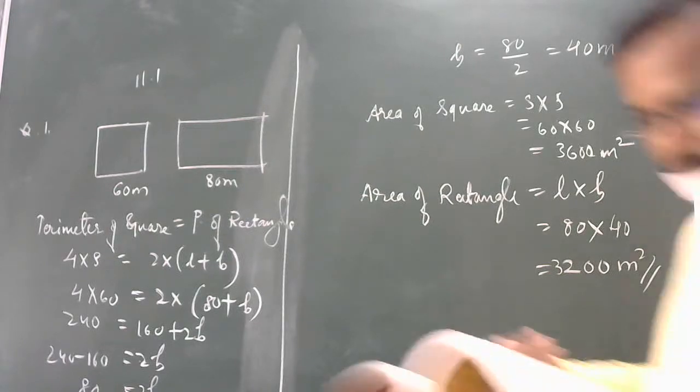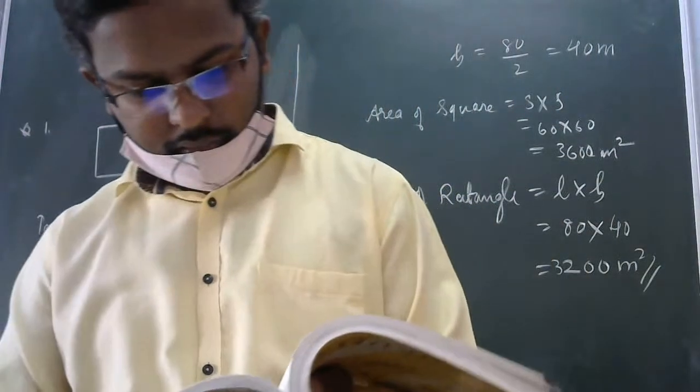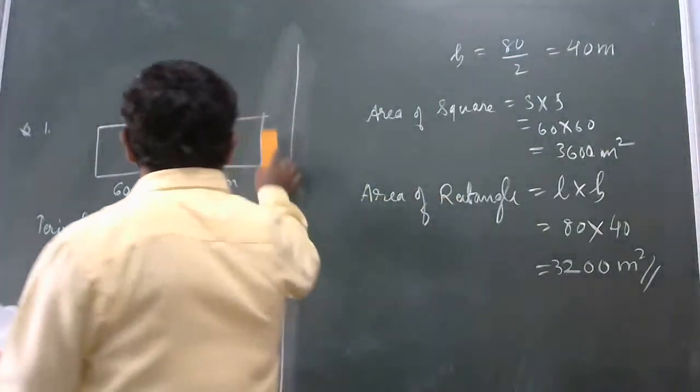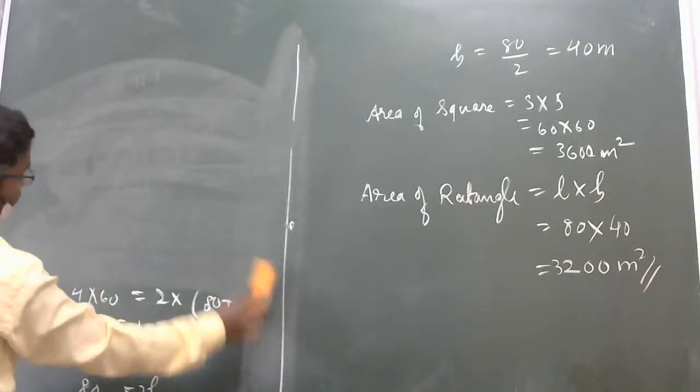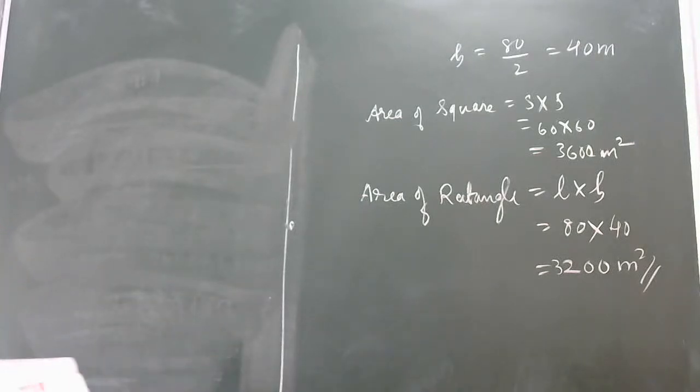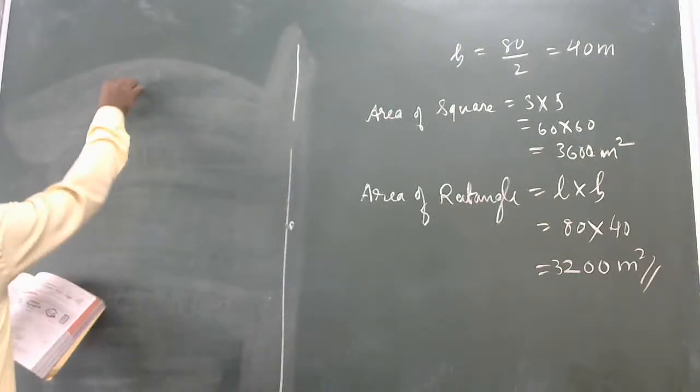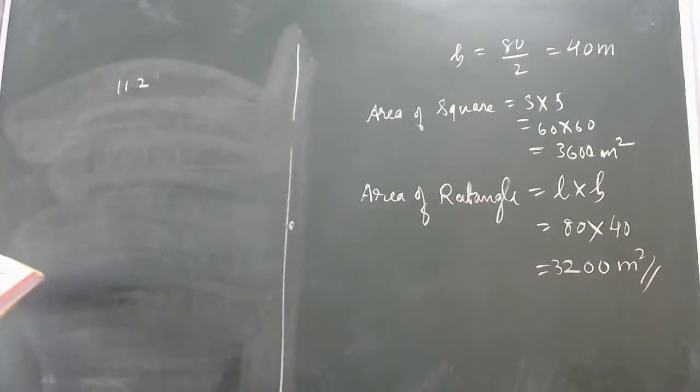Okay, we will go to some difficult questions. Exercise 11.2, question number 10. There is a pentagonal shaped park as shown in the figure.